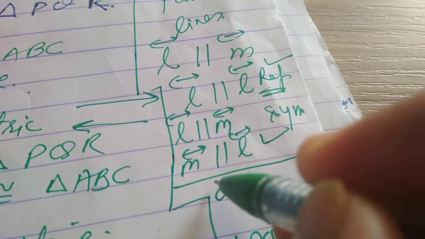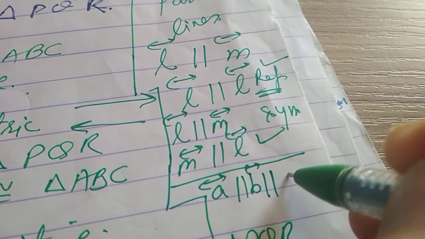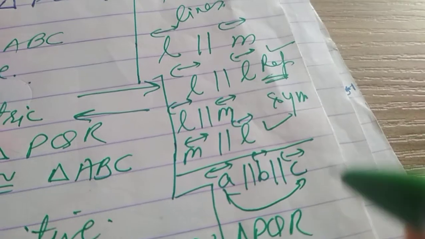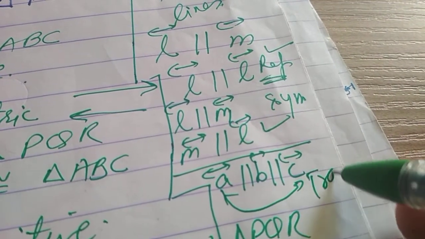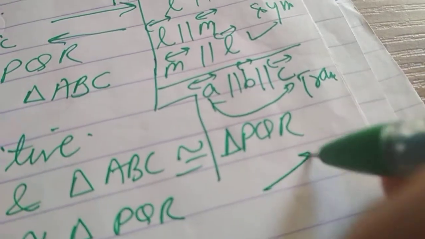So if line A is parallel to line B and line B is parallel to line C, then obviously line A will be parallel to line C. So it is transitive. With the help of a diagram, we can explain.